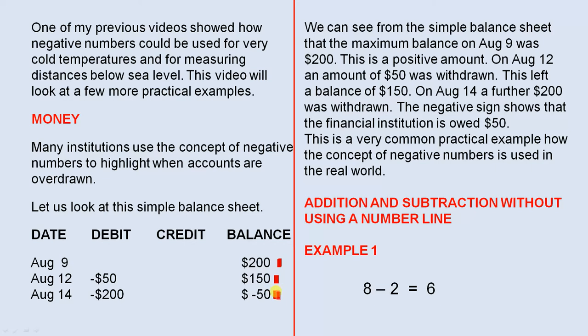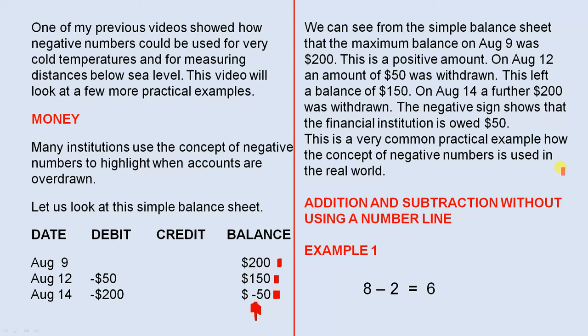And there it is there. And you can see the negative sign there shows that the person owes the money. That is, the person is in debt. This is a very common practical example of how the concept of negative numbers is used in the real world.